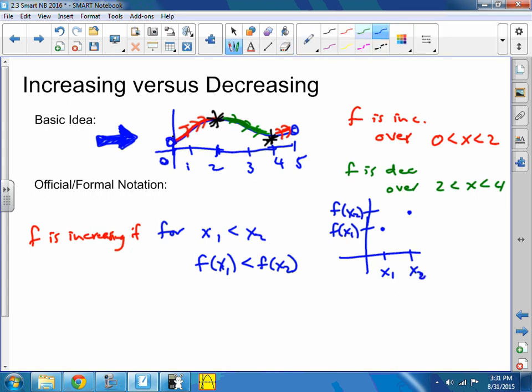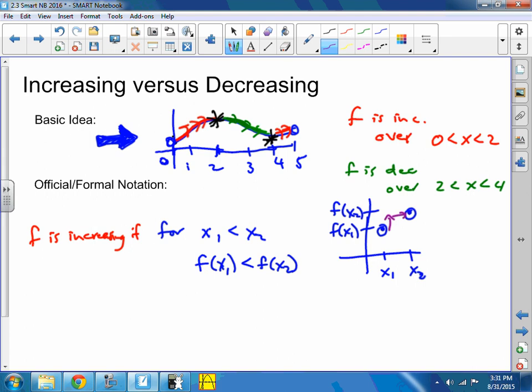So we're going from a small x and a small y to a larger x with a larger y. The y for the second point is bigger than the y for the first point, so it's literally higher up. You have to rise and run to go from the first point to the second point.